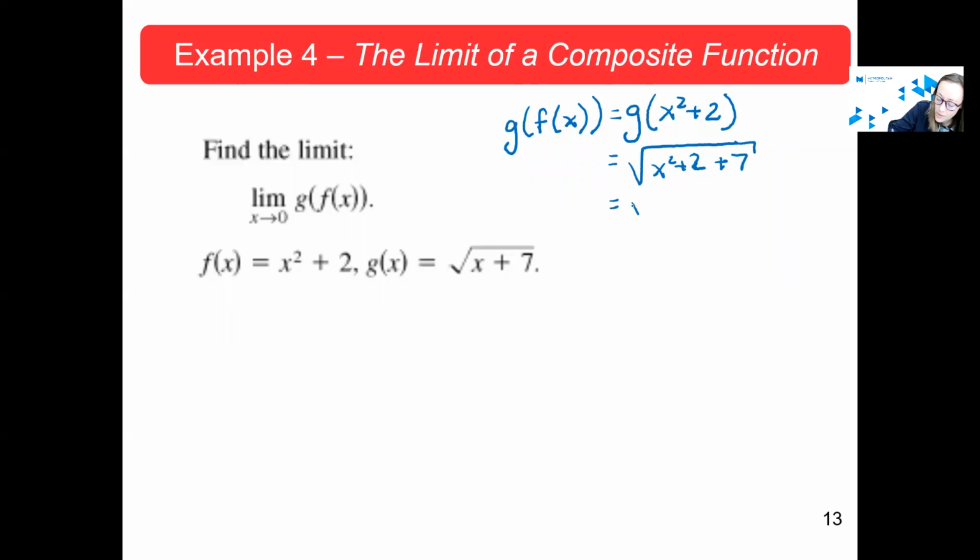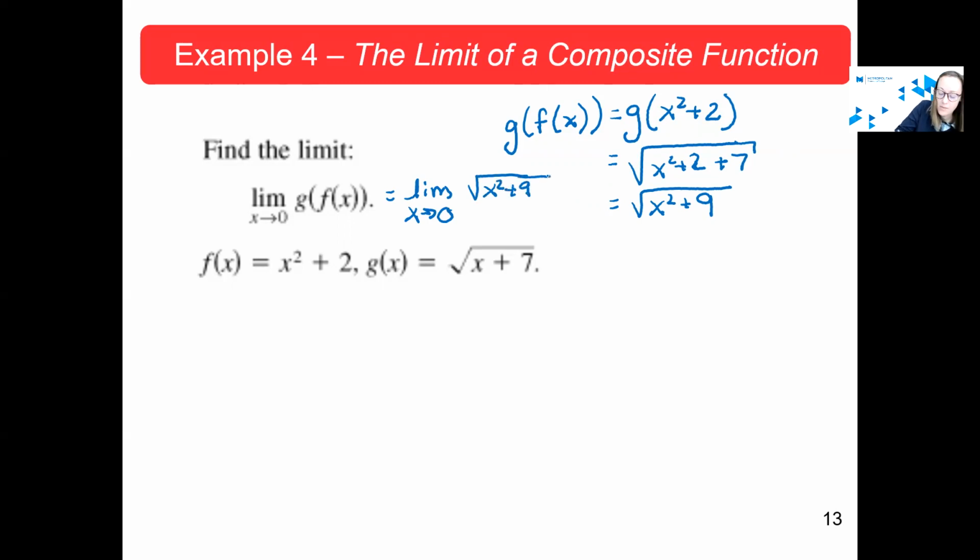So then this becomes the function, the square root of x squared plus 9, when we combine like terms. So we could write this as the limit as x approaches 0 of the square root of x squared plus 9.